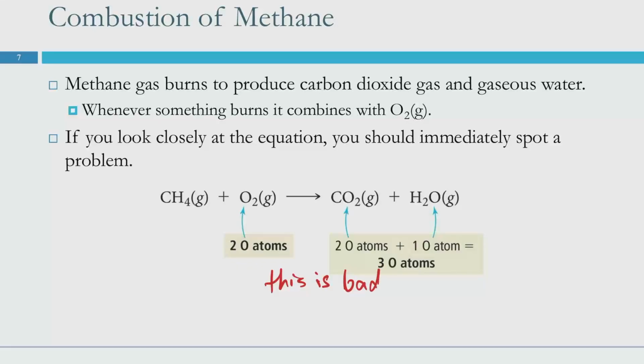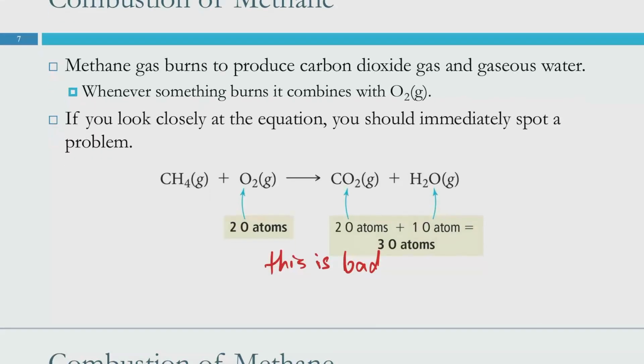This is bad. Why is it bad? They need to be equal. Why do they need to be equal? We cannot create or destroy matter. So matter must be conserved because of the law of conservation of mass.